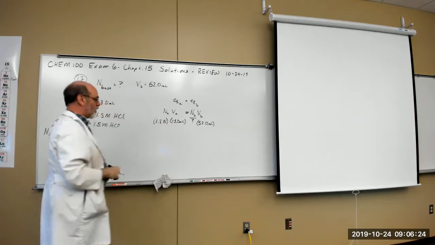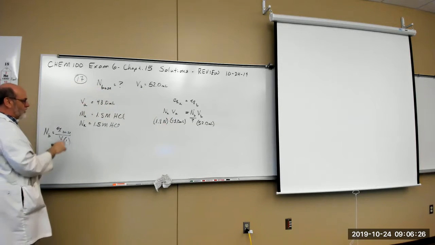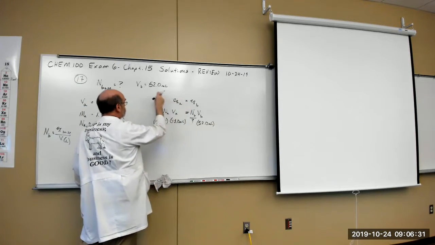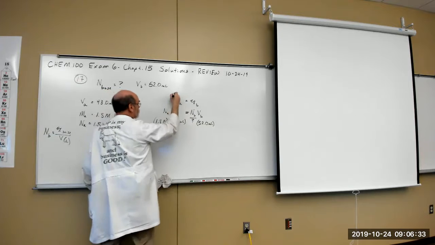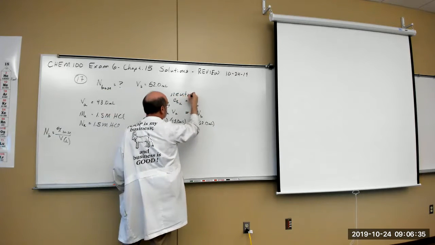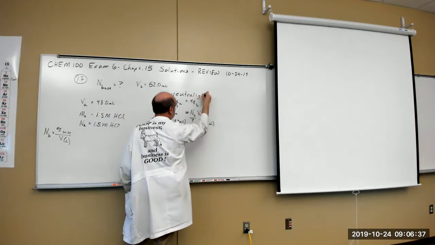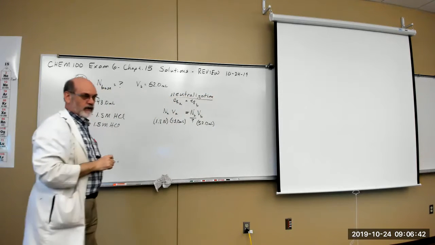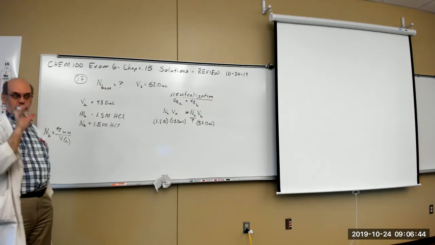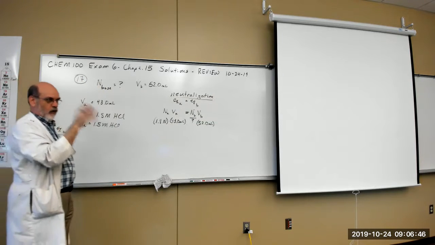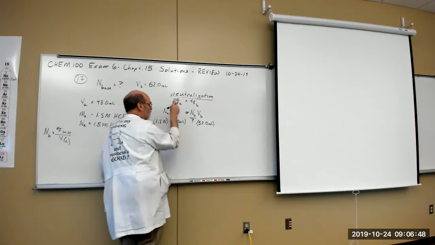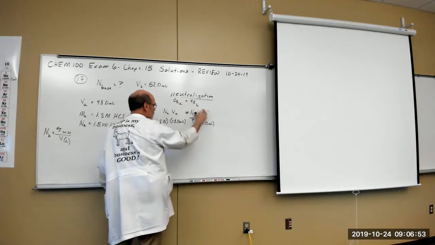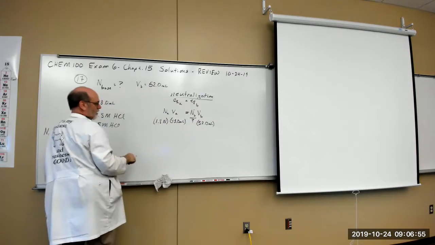So now we have our equation. So the hard part was recognizing that this is equal to that because it's neutralization. This is due entirely to the fact that it's a neutralization reaction, and we're looking for the stoichiometric ratio, 1 to 1. Equivalents of one equals equivalents of the other. Then we fill in the equation and look for the values.